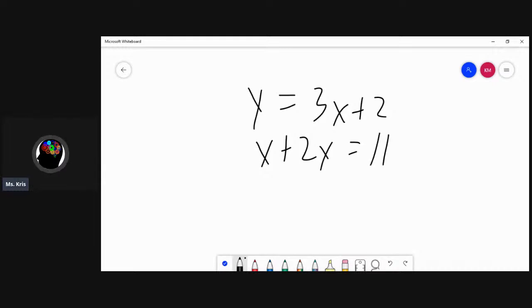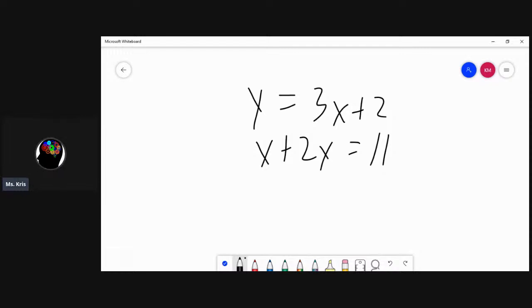So now we know that y equals what? 3x plus 2. So in the second problem, I can substitute y for 3x plus 2 to solve for x. Then once I find my x, I can take one of the original problems and find my y, because what you're looking for is where on the graph these two meet.